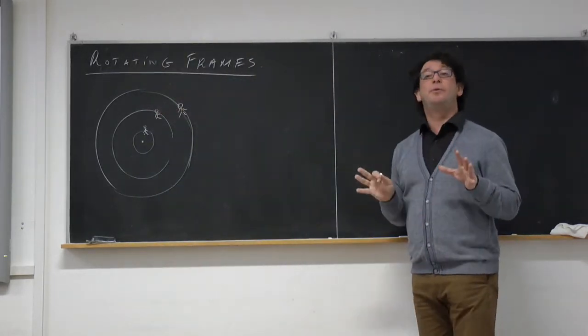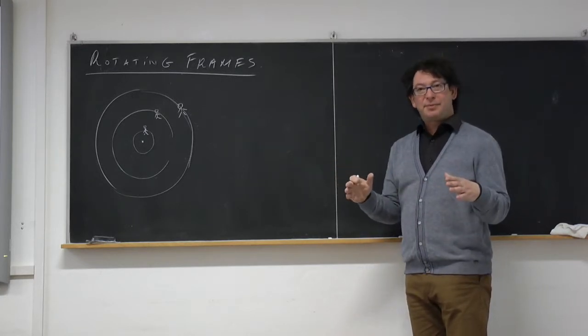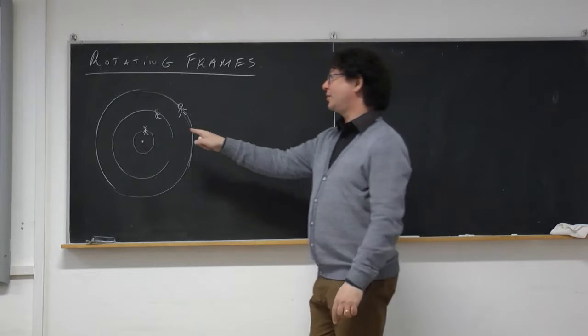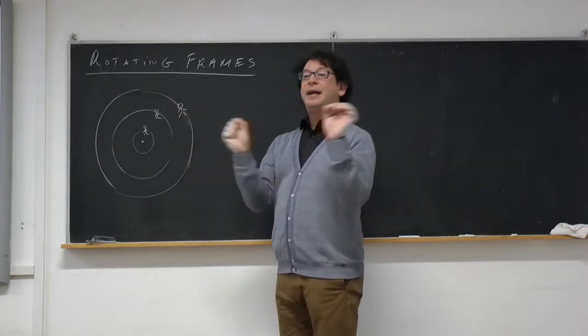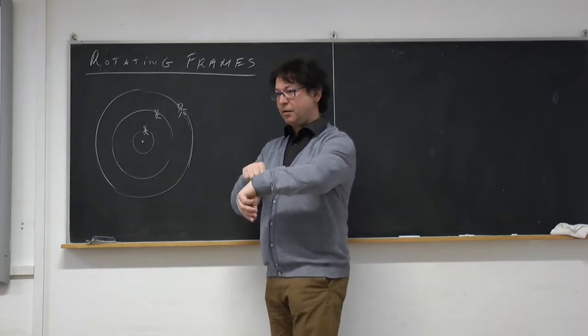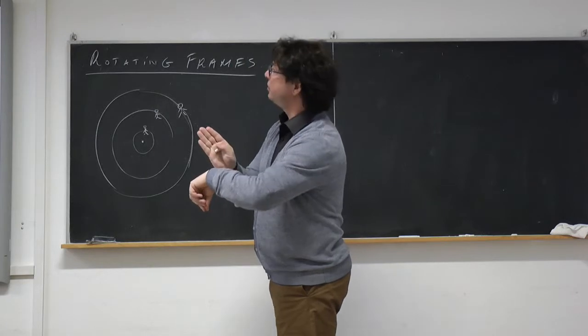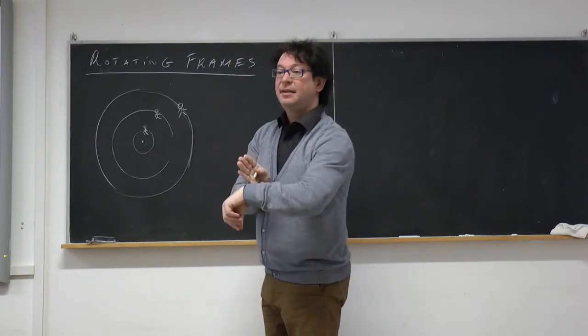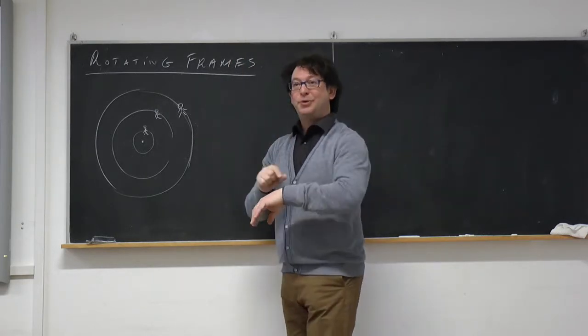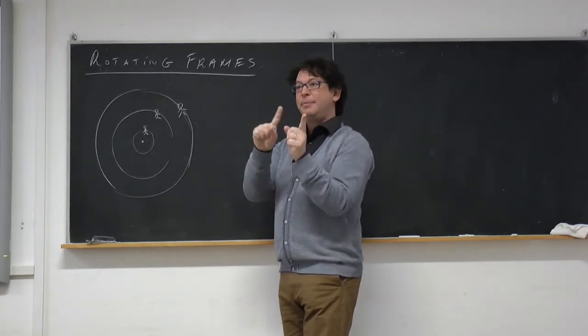Now let's suppose that before the frame starts rotating, they all have their clocks, and they all synchronize their clocks. Yeah? So I have my clock, he has this clock, and you have your clock. We look at our clocks, and we make sure they indicate the same time. We make sure the clocks work well, and that time is synchronous.